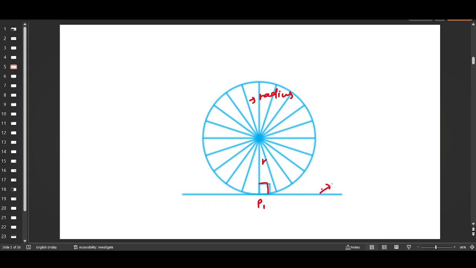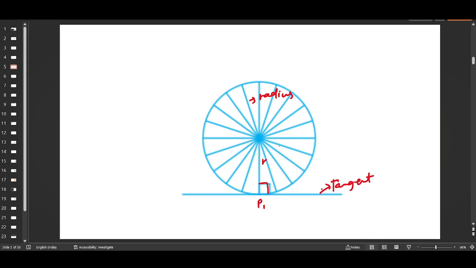This is known as a tangent. Clear? So the radius through the point of contact, the point of contact with the ground, appears to be at right angles to the tangent.